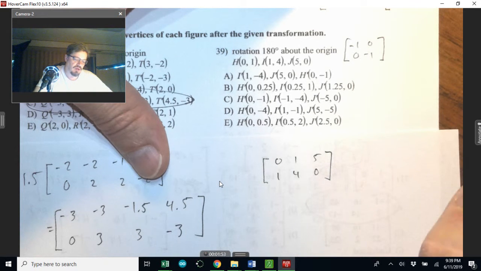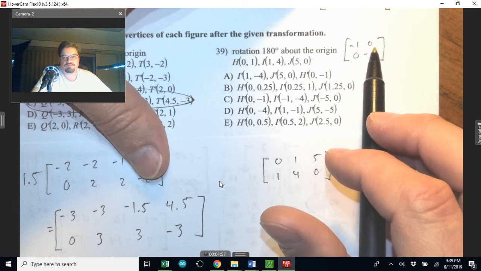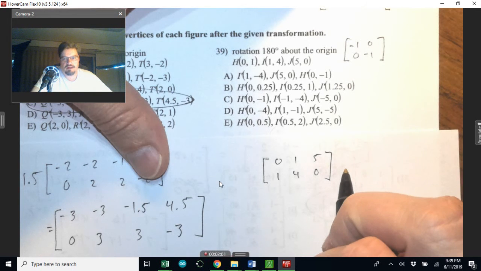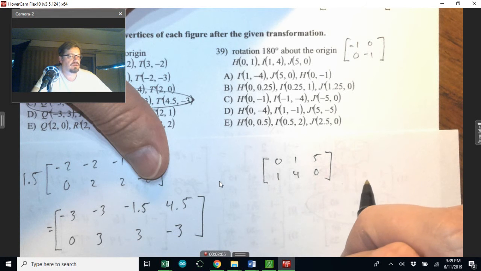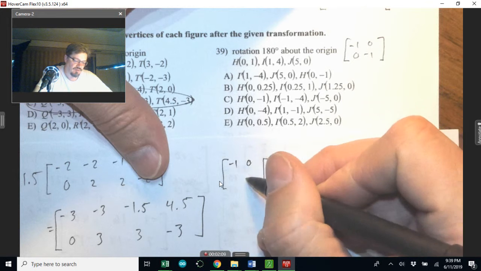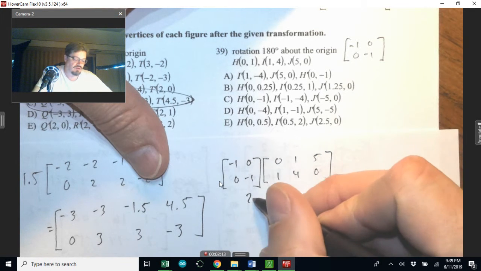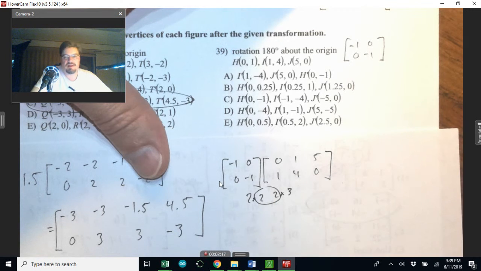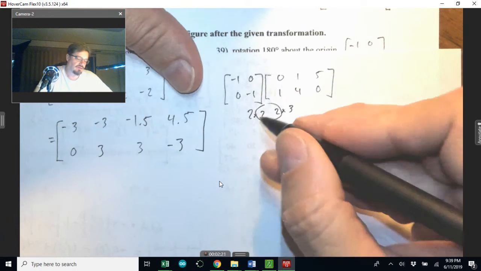But we have to multiply this the right way, because if I put it in the back here, then I'm going to have a 2 by 3 multiplied by a 2 by 2, and it won't work. So when you multiply this, you have to put it in the front in order to make the multiplication work. So now we have a 2 by 2 times a 2 by 3, so that now you've got that dimensional match.